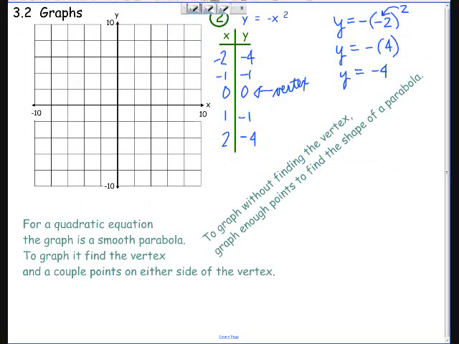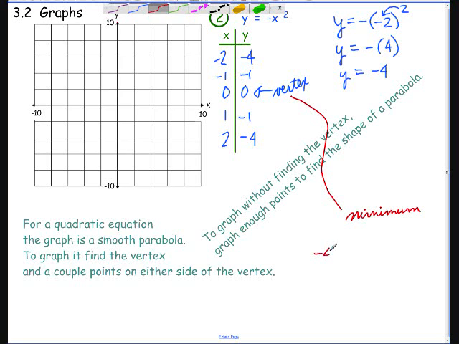And the other goof occurs right here when I refer to this as, oh dear, a minimum. I don't think so. If you're looking at -4, -1, 0, a -1, and a -4, that is not a minimum.